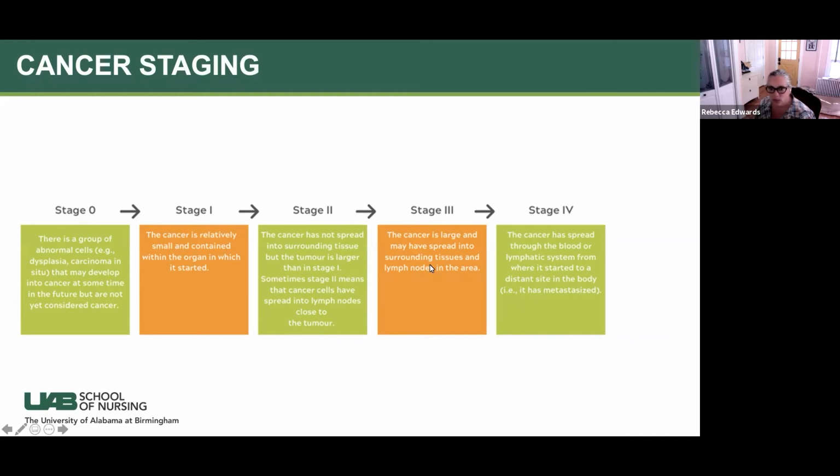In stage 3, the cancer is large and may have spread into surrounding tissues and lymph nodes in the area. And in stage 4, the cancer has spread through the bloodstream or lymphatic system from where it started to a distant site in the body, and that is termed metastases. So as you get towards the later stages, particularly stage 4, the prognosis becomes much shorter and people don't do as well generally.